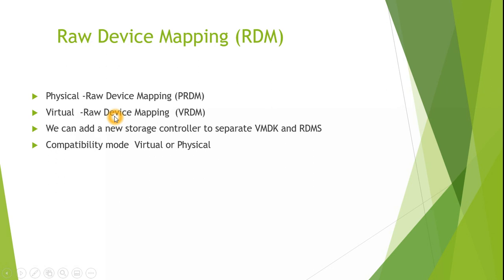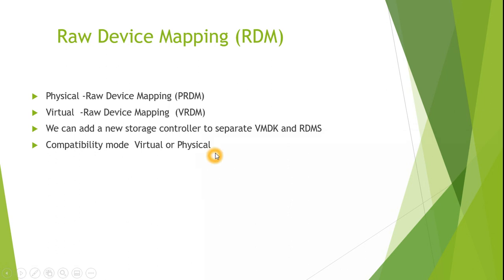Okay, virtual RDM and physical RDM, and then when we go and attach these RDMs, we have to add a separate disk storage controller. So it has to be separate from the existing virtual VMDKs which are attached to the storage. So if you have already got C and D drives, they are already on storage controller 0.